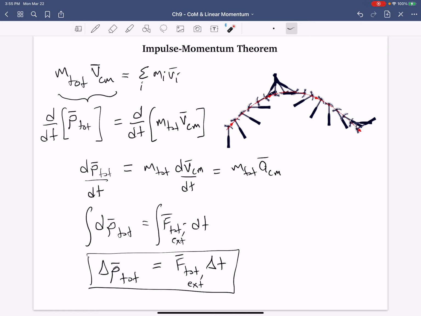And so this decrease in force results in our legs not breaking, right? If we jump down from some height, don't land with your knees locked because you'll break your knees, right? It's a very small time and a very large force, right?